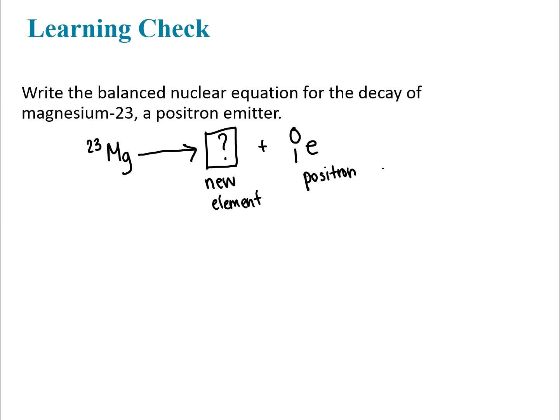And I'll give you the hint that for the new element, its atomic number is going to be, you're going to subtract 1 from the atomic number here. So that's a pretty big hint. Give it a shot. I'll give you 2 minutes and then I'll check in.